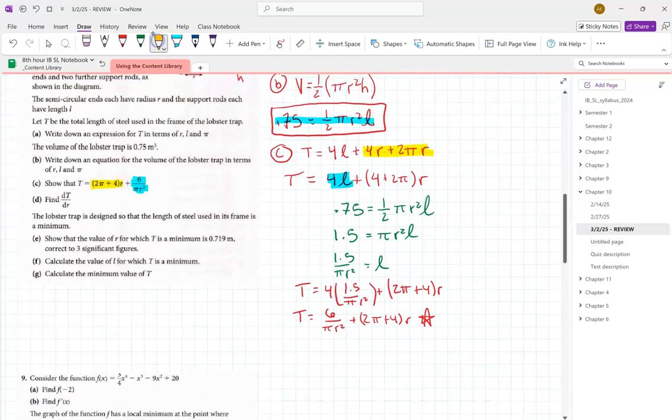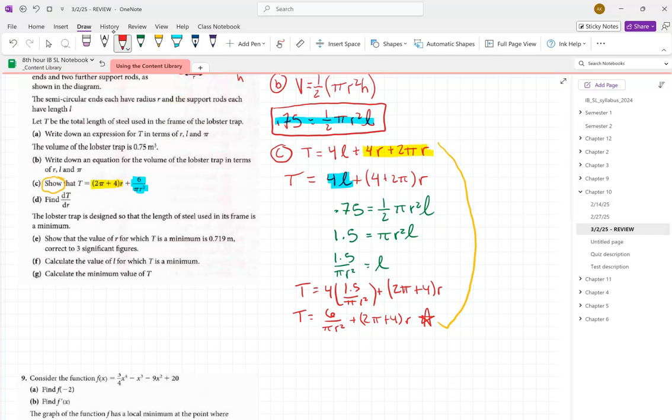So the answer for this question for part C is all of our work, right? Because the question says show, the answer is work. What do you guys think? Is this okay? Notice how they're walking you through this.